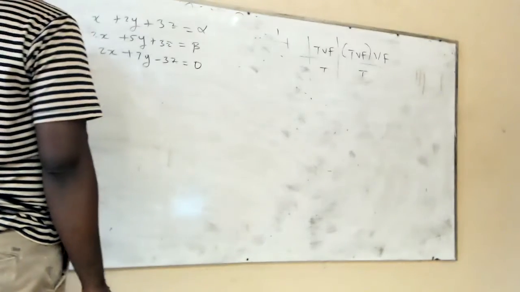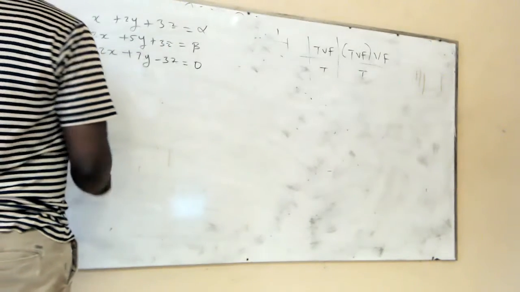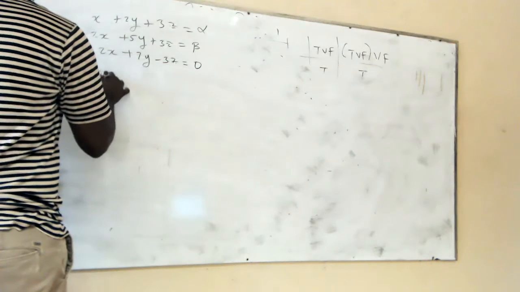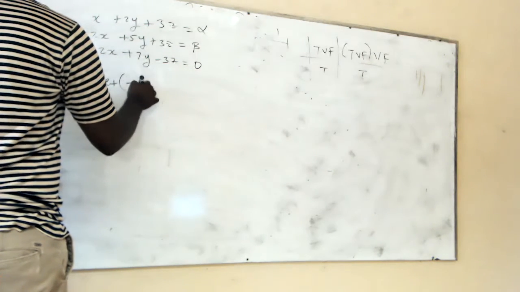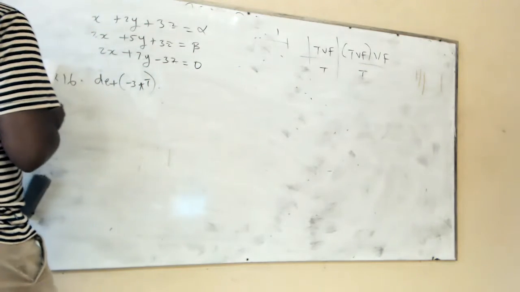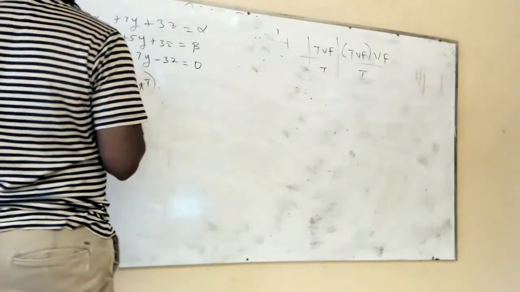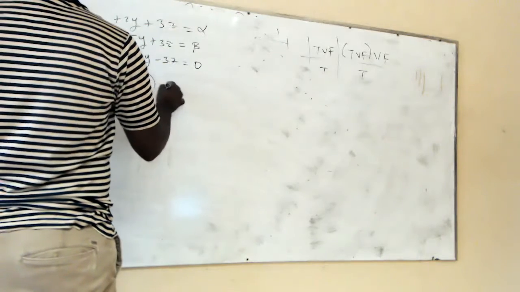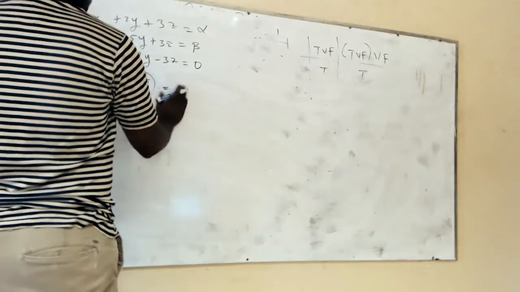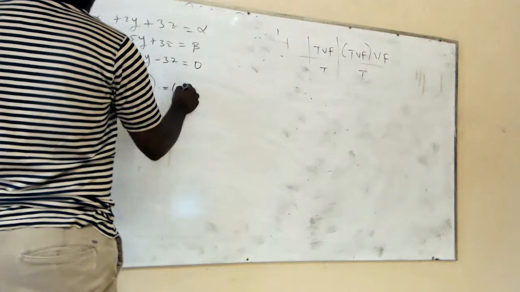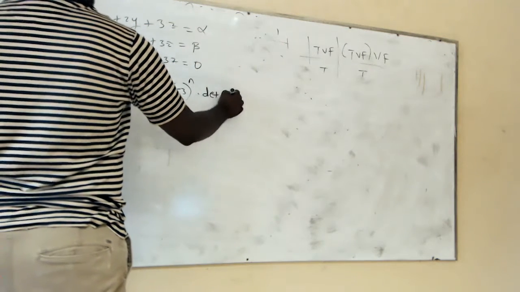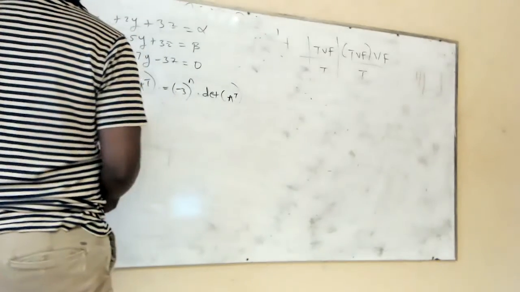So question number 16, this is about getting the determinant of a matrix, of which you can get the determinant for a matrix given in this form by using this simple formula: the base that is given, the -3, to the power of the size of the matrix, and then multiplied by the determinant without a value inside.